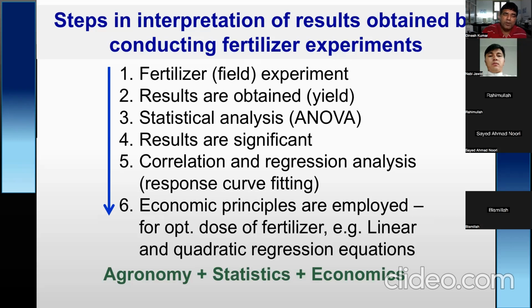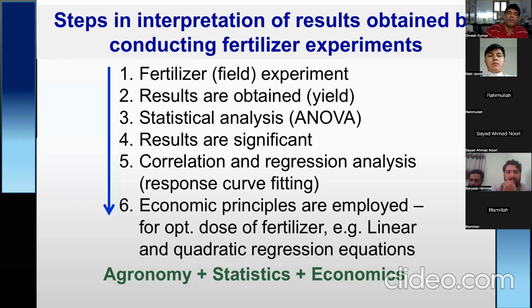We can estimate the optimum dose of fertilizer and make a lot of forecasting from that equation. Certain economic principles can be applied to these response equations, also called regression equations, and some mathematical relationship can be developed to find out the optimum dose of the fertilizer.